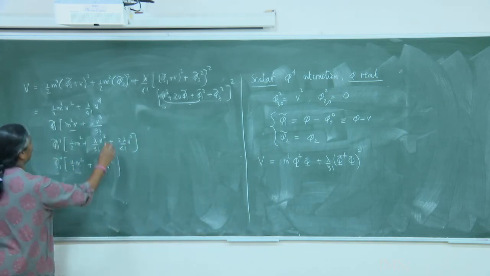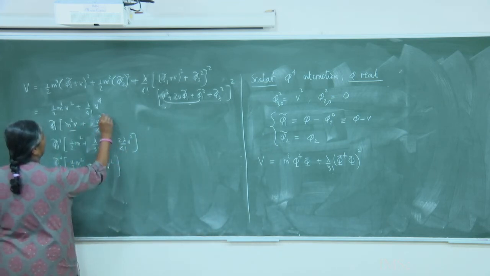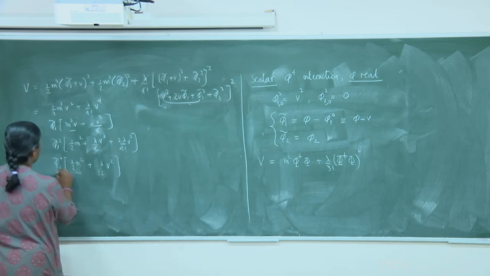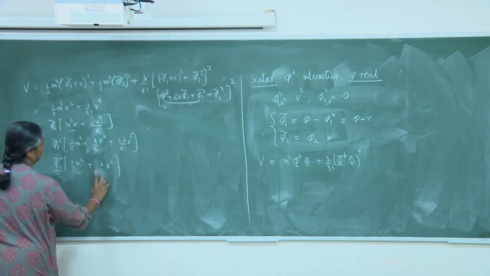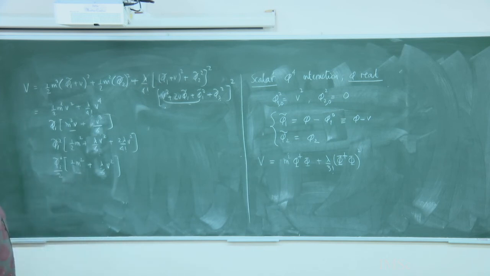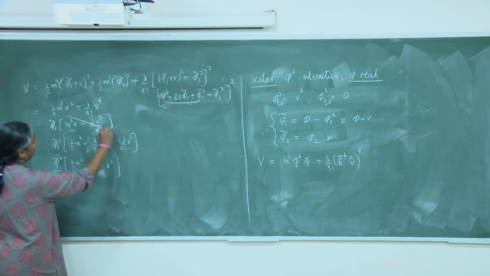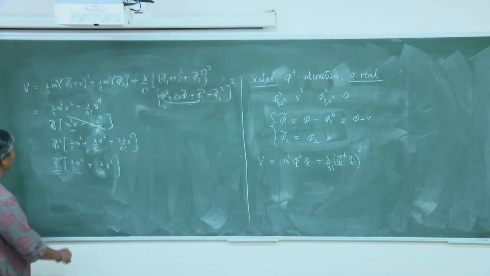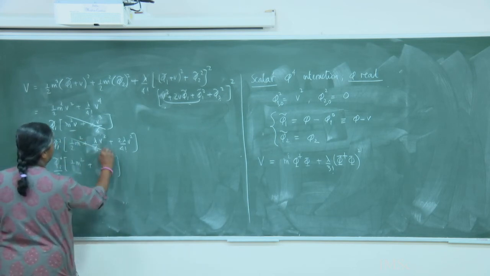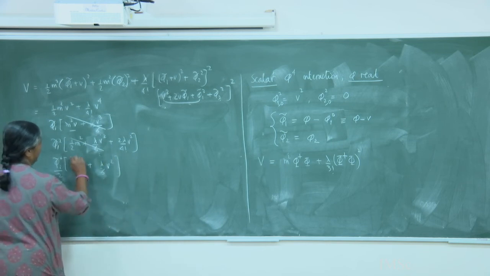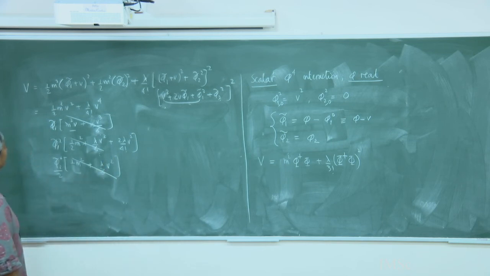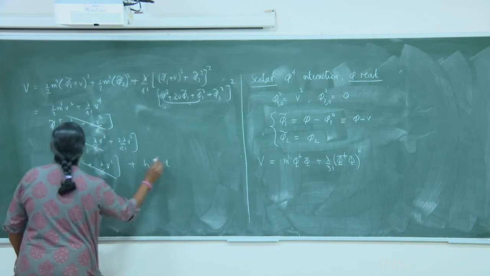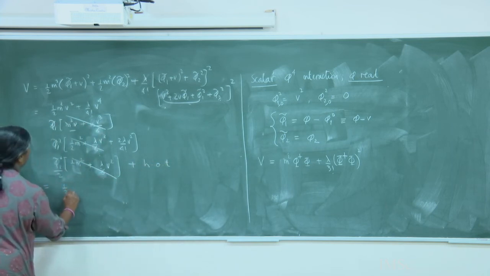Okay. So 3 factorial is 6. 3 factorial is 6. And if I take a half out, this is also 6. So you can see that this term is 0. m squared plus v squared by 6 is 0. Same, m squared plus v squared by 6 lambda is 0. So only this term remains and only this term remains. So what do we get now? Plus, of course, higher order terms. So that is equal to half.